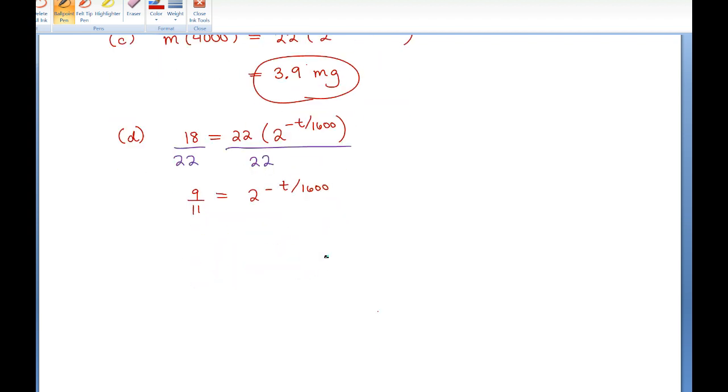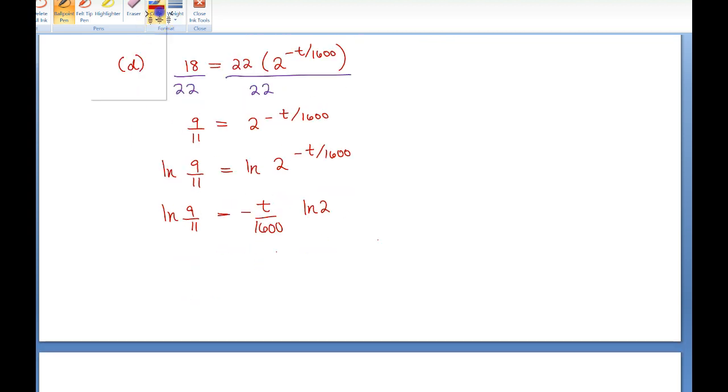And again, the same thing that we have been doing, we're just going to do ln of both sides. So I'm going to move the negative t over 1600 to the front. And then I want to isolate the t, so I'm going to multiply both sides by a negative 1600 over ln of 2.